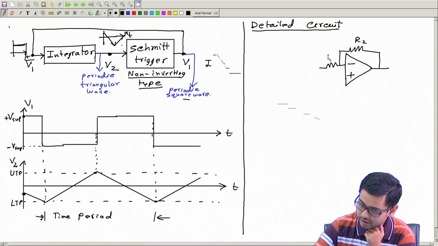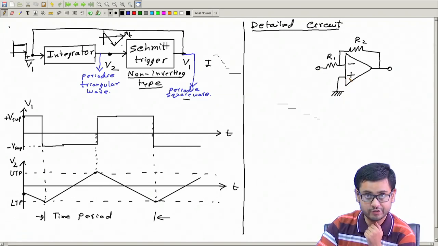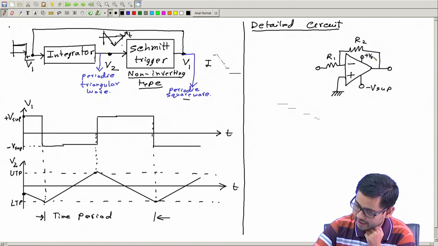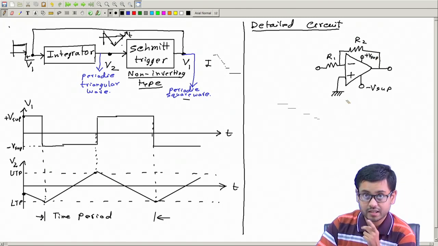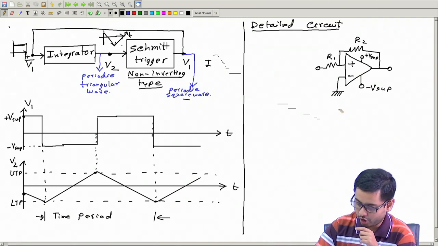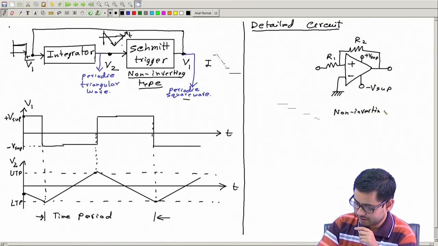Call it R2, R1, output, input. This is grounded. Also let me give power supplies, minus V supply, plus V supply. The moment I change these signs, making it minus and plus, this is the non-inverting Schmitt trigger.